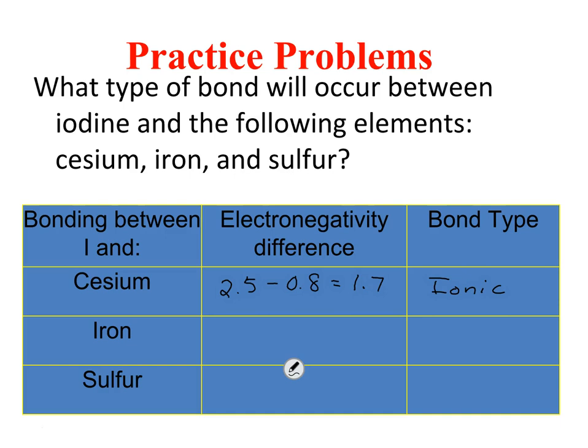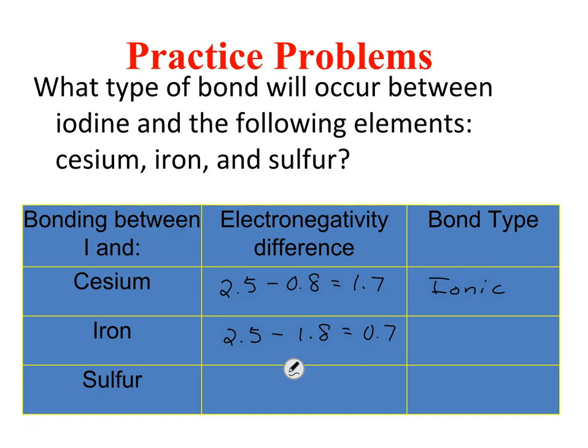So let's try the next one. Again, electronegativity of iodine is 2.5. We subtract it from the electronegativity of iron. If we look up iron on the previous page, we would find out iron has an electronegativity of 1.8. So we subtract 1.8 from 2.5 and we get 0.7.